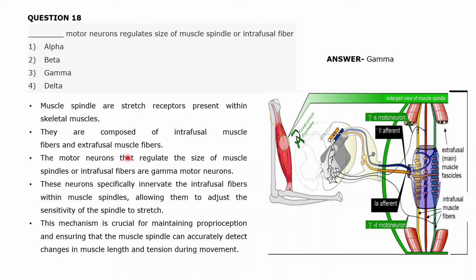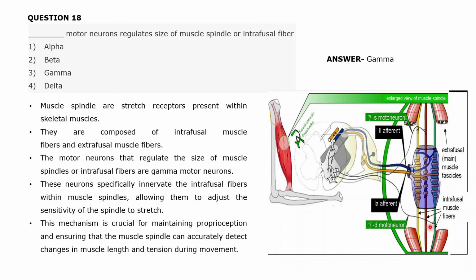So the motor neurons that regulate the size of these three muscles that are represented in three different colors, I hope you can see that, these are also called intrafusal fibers that are present in the muscle spindle that I discussed earlier. These motor neurons that regulate the size of these intrafusal muscles are called gamma neurons.